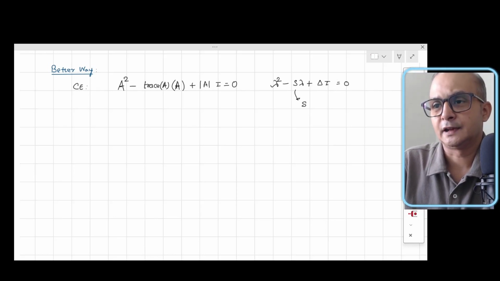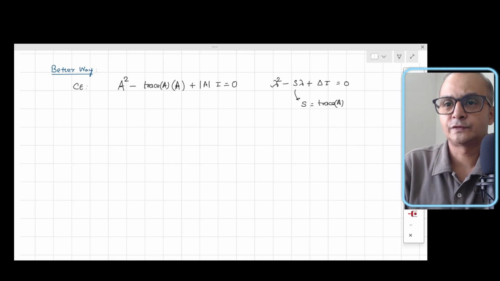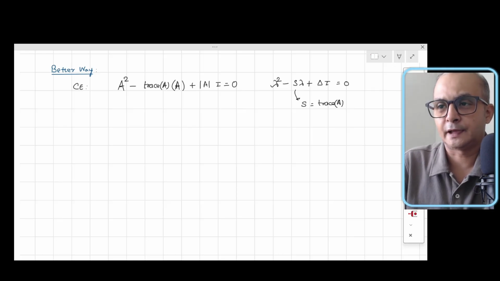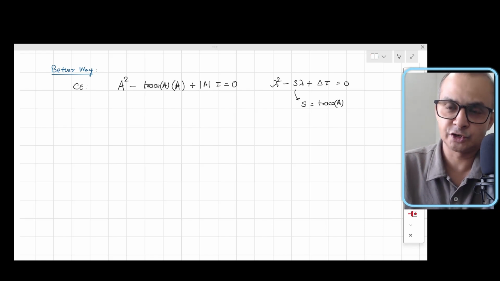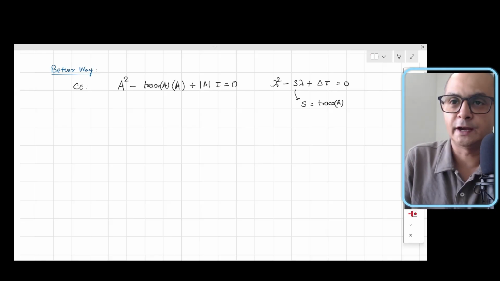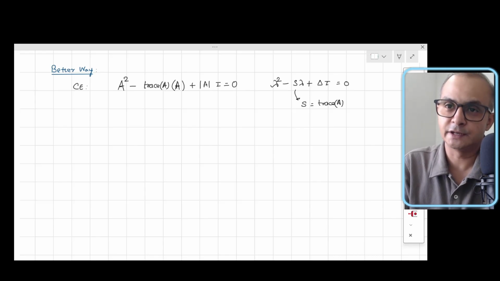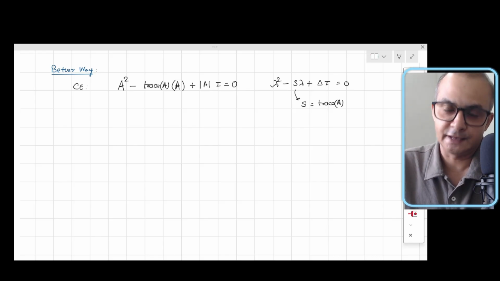This S, I'm calling the sum of the diagonal entries, so that is actually the trace of A. In this way, this is the characteristic equation, and every matrix satisfies its own characteristic equation. So I know that A square minus trace of A times A plus determinant of A times I is equal to 0 is an equation satisfied by the matrix A.